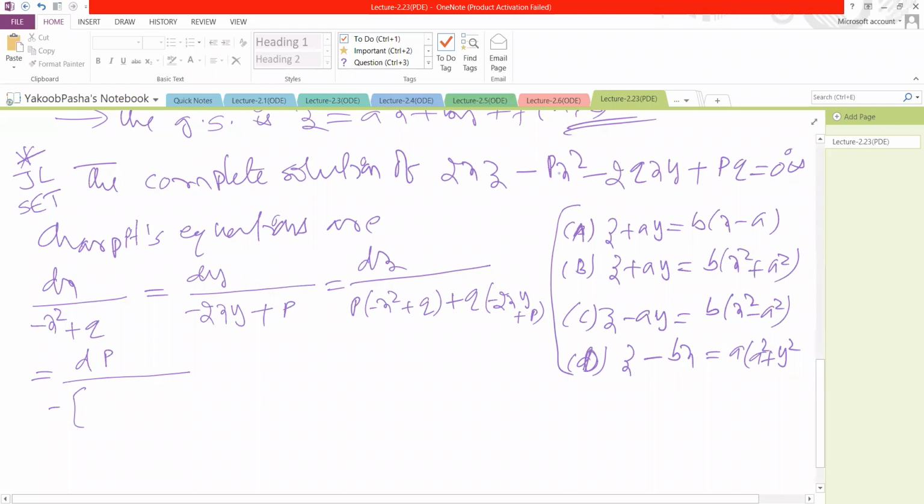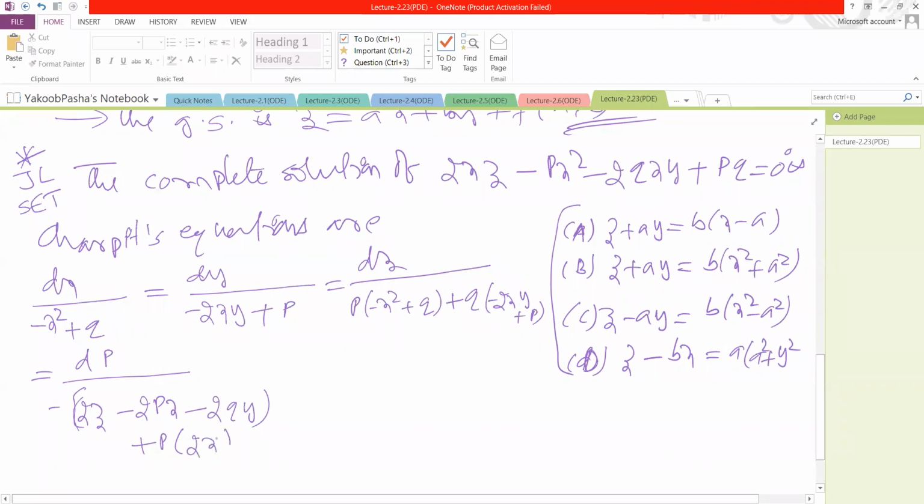f_x value here is 2z minus 2px minus 2qy. This is f_x only, plus p into f_z. f_z means here only 2x.